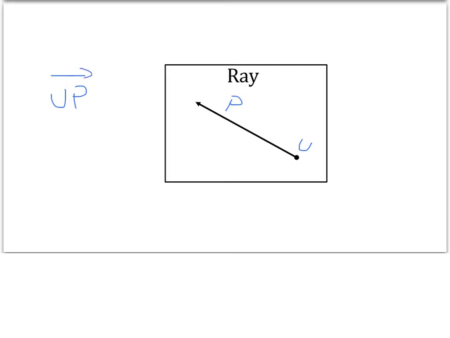Notice that the symbol says that we go from U in the direction of P, and that's the only way we can name this ray. You might be tempted to call this ray PU, but what you're saying here is that P is the endpoint and it goes in the direction of U. That is not true, so we cannot call this ray PU. It's only UP. That's very important. Don't forget that.